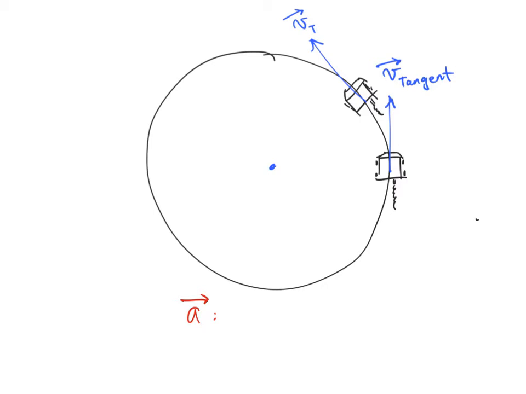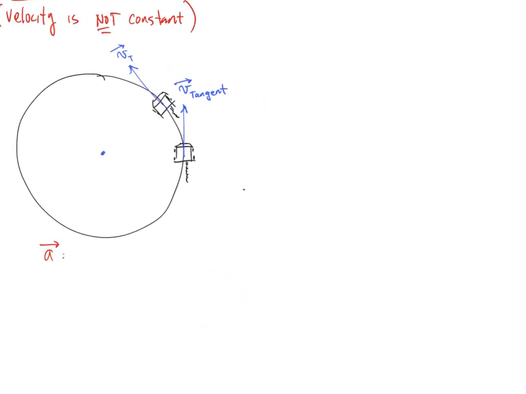Now, first of all, before we even think about the magnitude, let's think about what the direction of the acceleration is. It's not immediately clear. We know that the direction of the velocity vector has changed, but the direction of the change is not obvious. So to think about what that direction is, I'm just going to remind us that anytime you have a change in something such as a velocity, it is the final minus the initial.